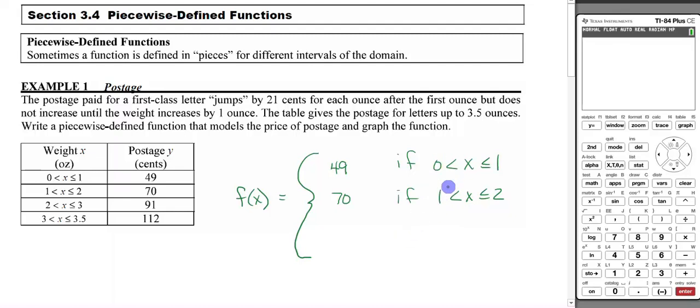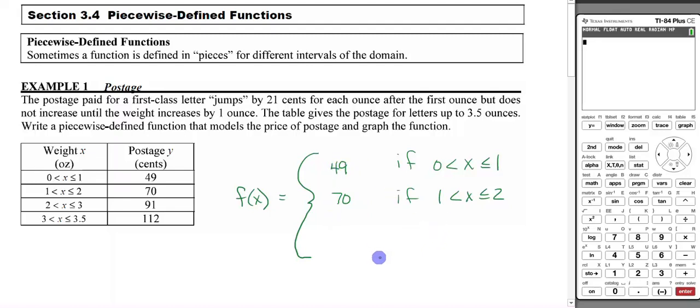Here you notice that if someone comes in with a 1 ounce letter, they are going to be paying 49 cents because the 1 is included with the equals in this condition. So we use this piece. While this condition says x is strictly greater than 1, so you would not charge that person 70 cents for a 1 ounce package.